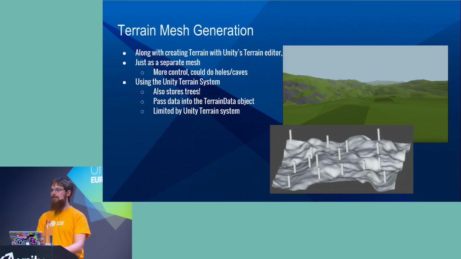You can generate your height maps, build your caves, do holes or whatever you want, but you don't really get the benefit of the Unity terrain system. If you want to use the Unity terrain system, that's great too. You just have to be aware that there are some limitations with the terrain system that Unity gives you. But at the end of the day, you're generating points, you're throwing them into an object, and then it's spitting out something that looks like this.